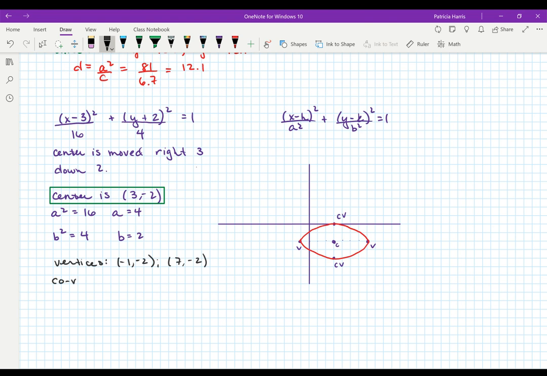Co-vertices are 3, 0 and then 3, negative 4. Okay, so I know that. And notice how I'm counting and using the graph to my advantage.